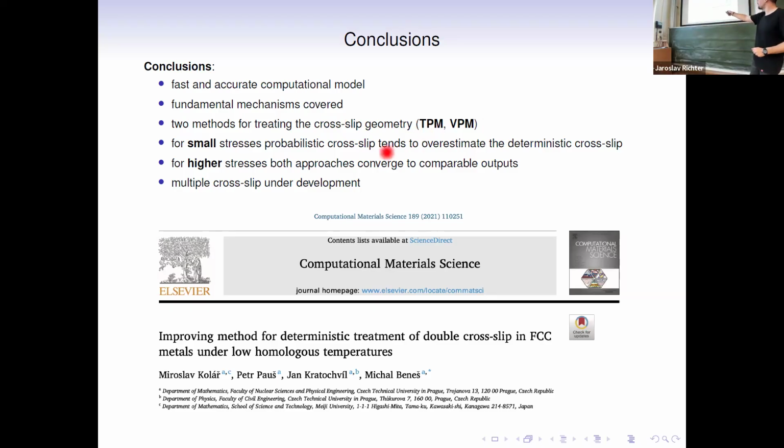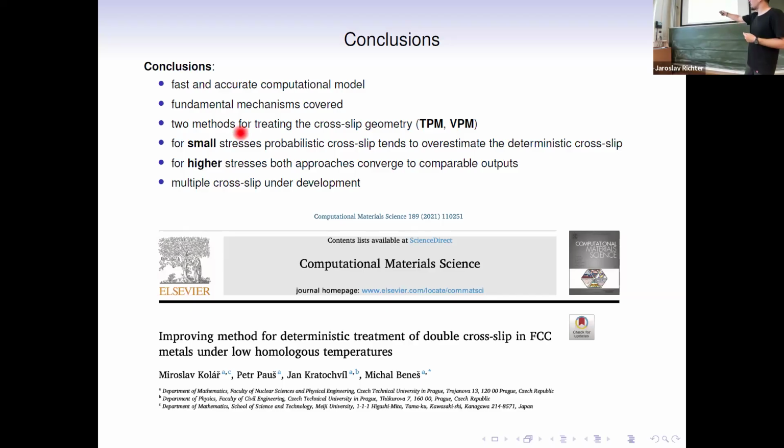For the small stresses, as I commented, the probabilistic approach seems to overestimate relative to the deterministic cross-slip, so that's the upper estimate and lower estimate. And for the higher stresses, again, it appears from our calculations that there are, in some sense, almost comparable outputs.